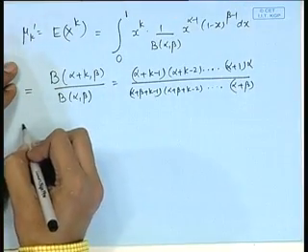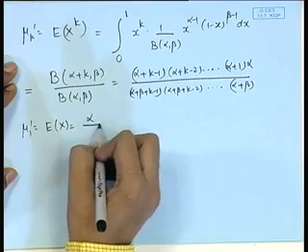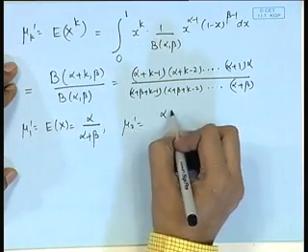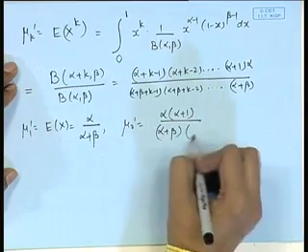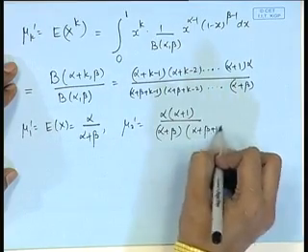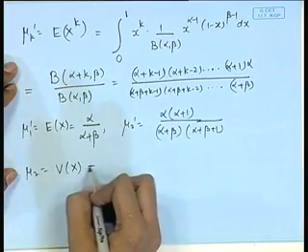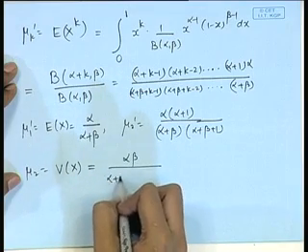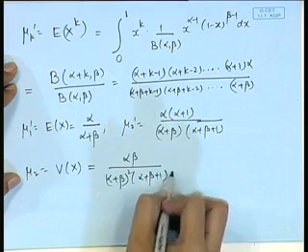If we calculate the mean of this distribution, it is simply alpha by alpha plus beta. The second moment will be equal to alpha into alpha plus 1 divided by alpha plus beta into alpha plus beta plus 1, and therefore the variance of the beta distribution will be equal to alpha beta divided by (alpha plus beta) square into alpha plus beta plus 1.